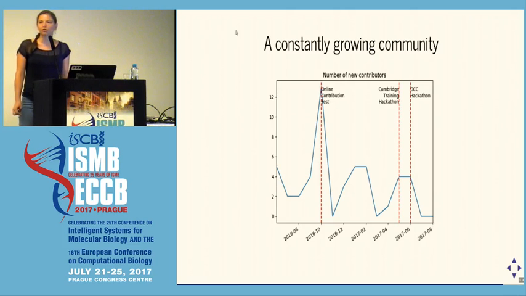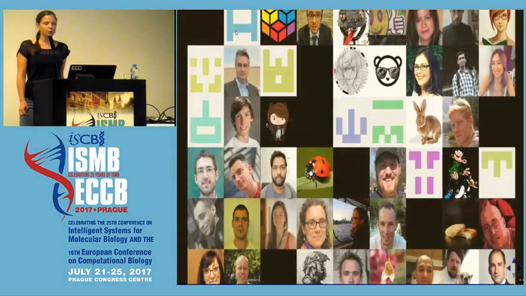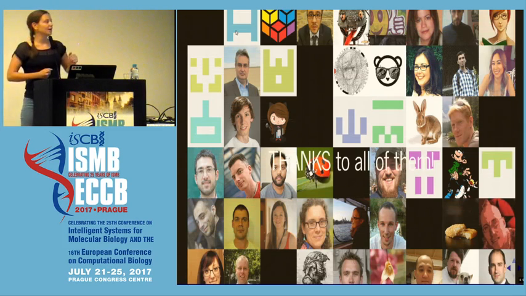We have almost one new contributor every month, especially during the hackathons, which is really nice. Currently we have 48 contributors on this project, and it's thanks to all of them that we have this nice project.